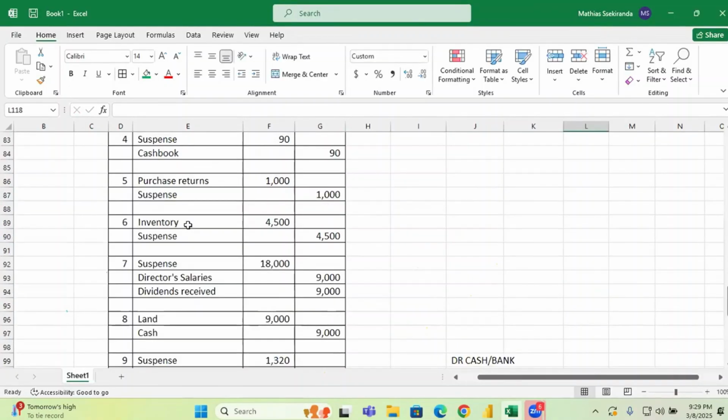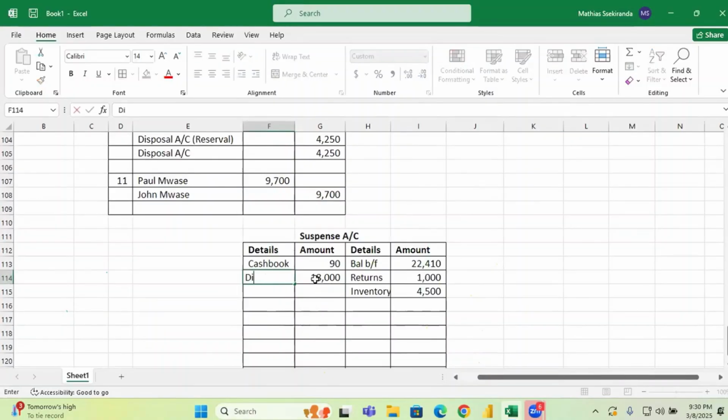Note number 6, we have a suspense on the credit. It's about inventory. Number 7, we have a suspense on the debit, 18,000. That is about dividends. Then note number 8, we don't have a suspense.